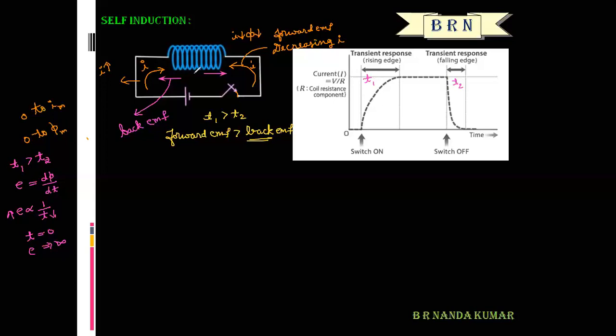So the property of a coil by virtue of which it opposes any change of current flowing through it is called self-induction. Simply, whenever the magnetic flux linked with the coil changes, an EMF is induced in the same coil, that is called self-induction.